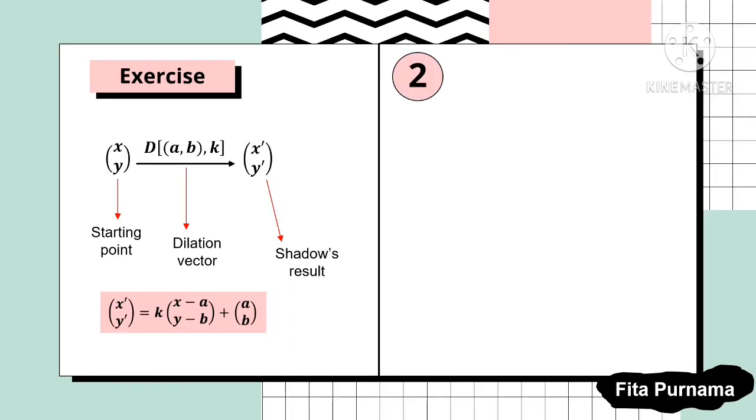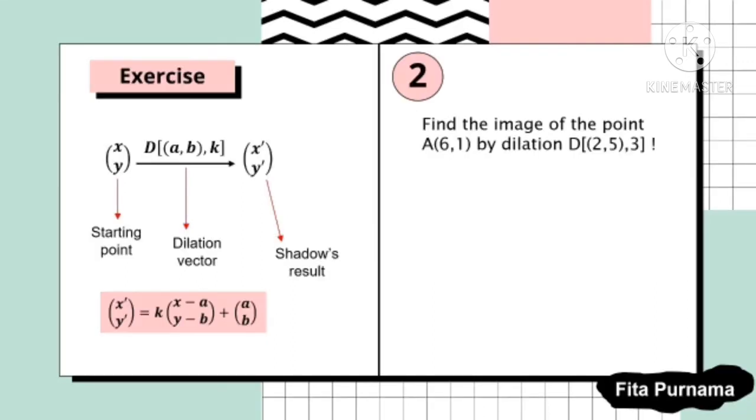The problem is, find the image of the point A 6,1 by dilation D with 2,5 as the center point of dilation and 3 as the scale factor.